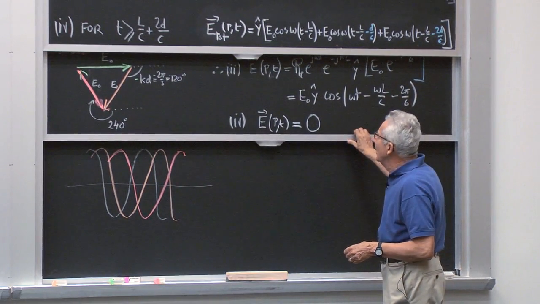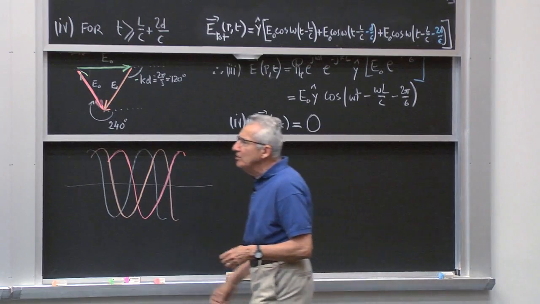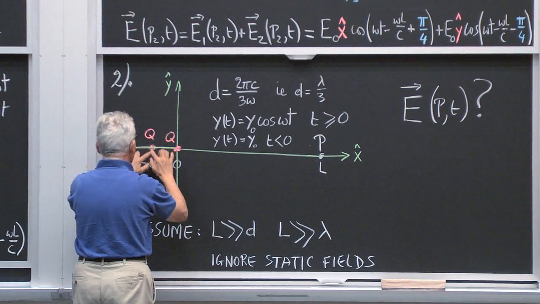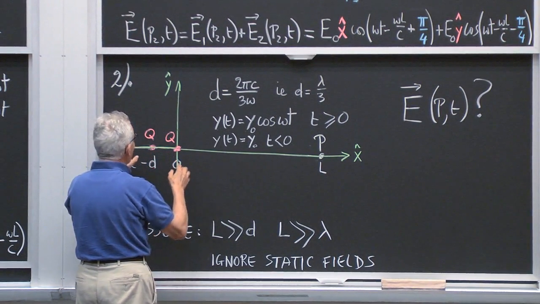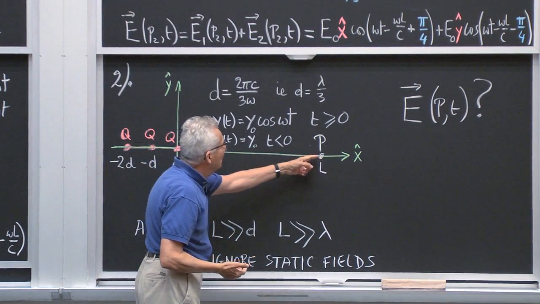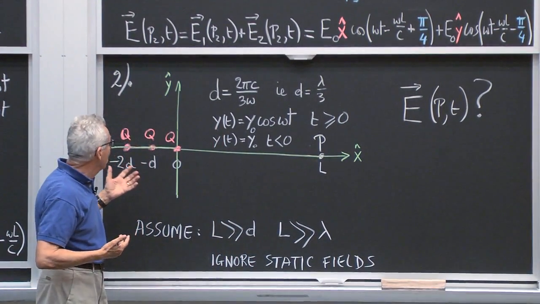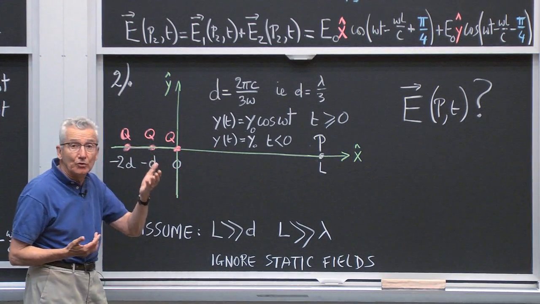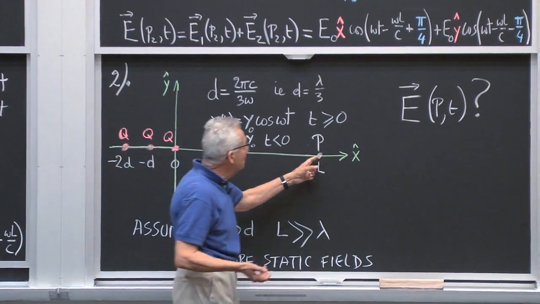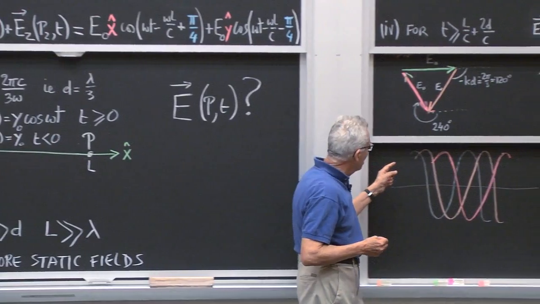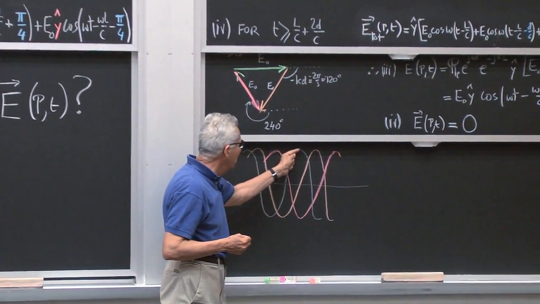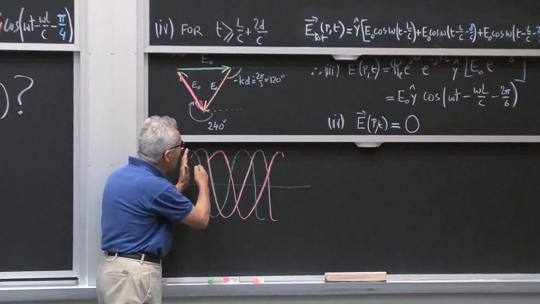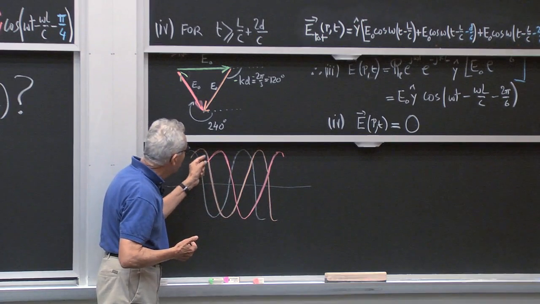Some of you may be surprised: how is it that I have three charges oscillating, radiating, and when you get to here, after a certain time, you see nothing? And the answer is, pictorially, you can see it. What happens? At this point, the radiation from one of the charges looks like that. From the second one, it's out of phase by 1/3 of a wavelength, and the next one by 2/3.